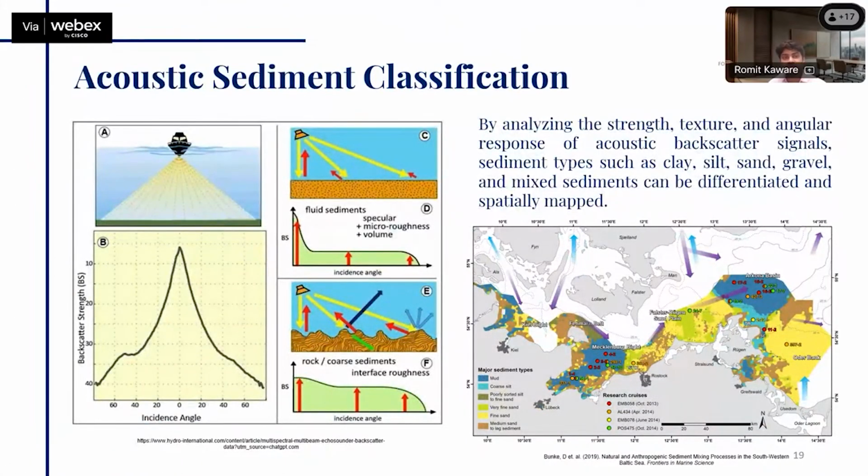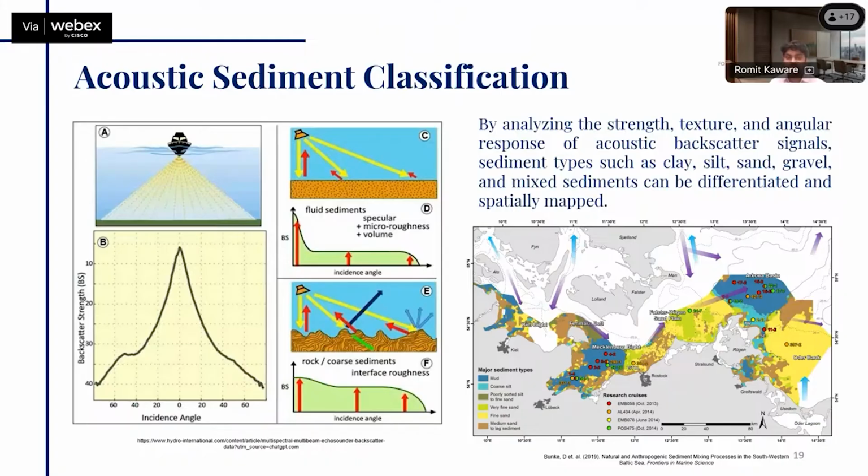Another technique would be acoustic sediment classification. Here we would have different acoustic systems, like various sonar systems such as multi-beam echo sounders, a sub-bottom profiler, or side scan sonar. By choosing a particular frequency, we can gather backscatter data.